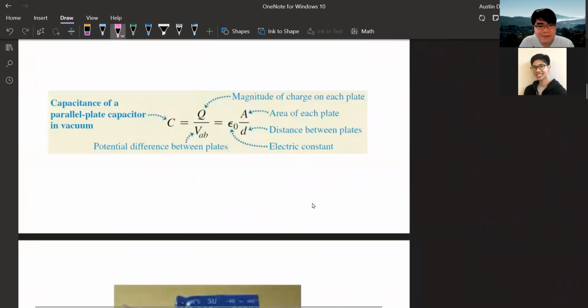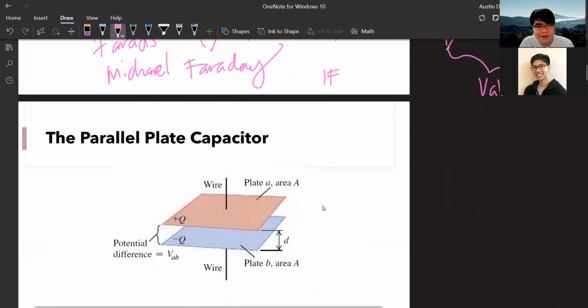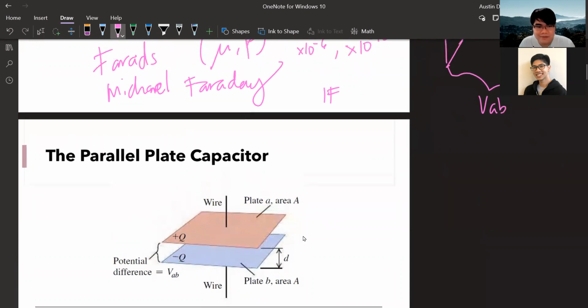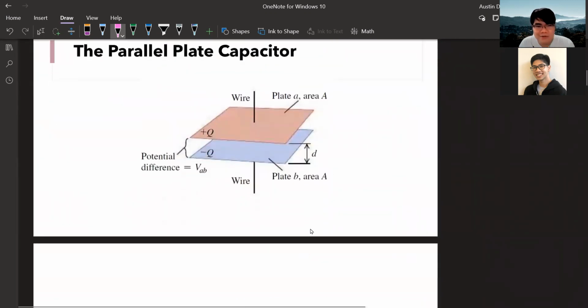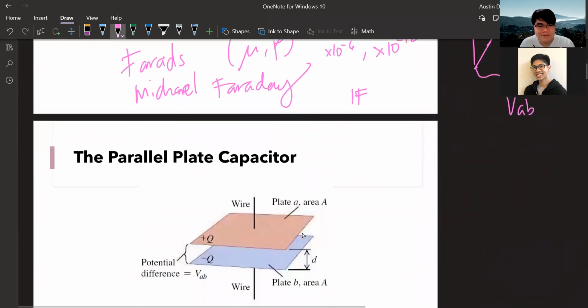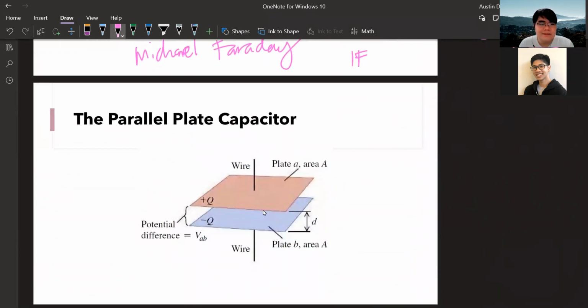Okay. So, the simplest configuration for a capacitor, yung material na may capacitance. Okay? So, sa mga sci-fi movies, flux capacitor na walang sense. Okay. So, ang simplest example for a capacitor would be the parallel plate capacitor.